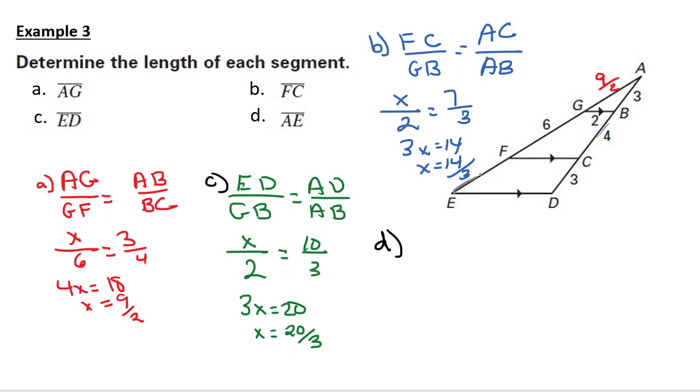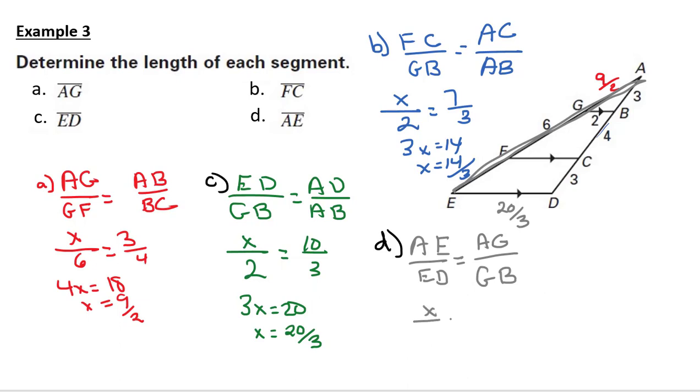So this whole segment, AE is to ED, which we found was 20 over 3, as the long side in the triangle, AG, which we found was 9/2, is to GB.